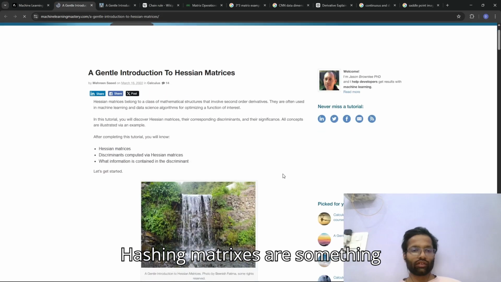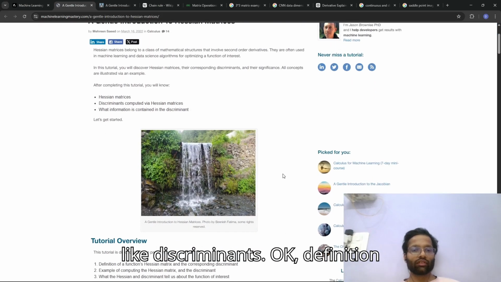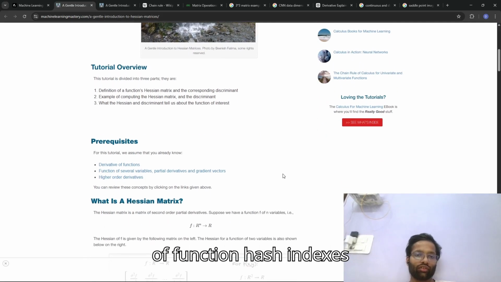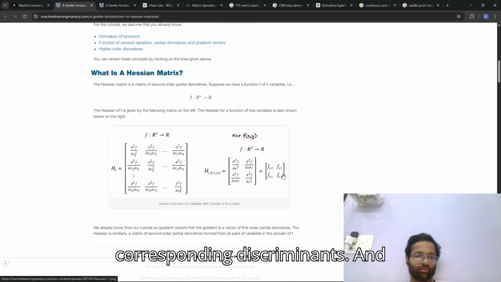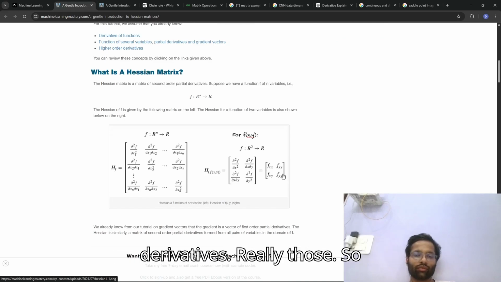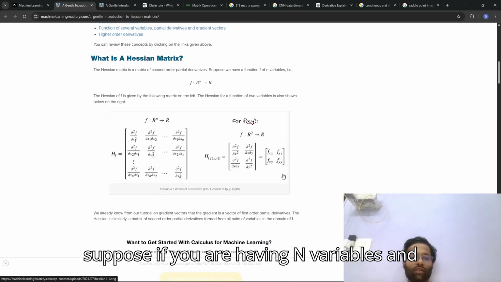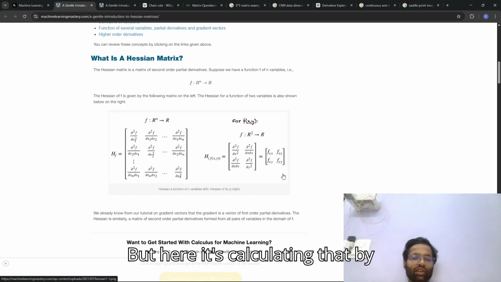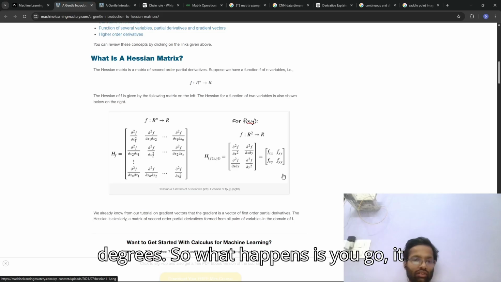Hessian matrices are something like discriminants. Okay, definition of function Hessian matrix and its corresponding discriminants. The second order partial derivative function of one of n variables. So suppose you are having n variables, and it's similar to Jacobian as well, but here it's calculating that by degrees.